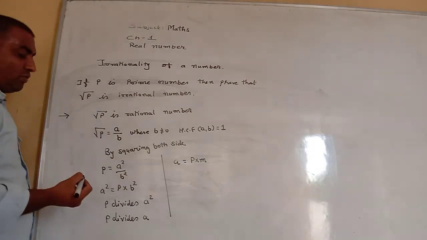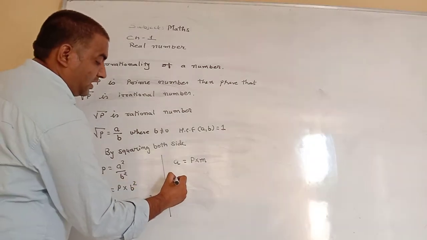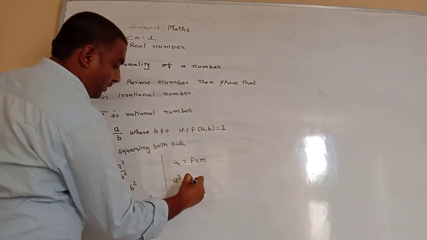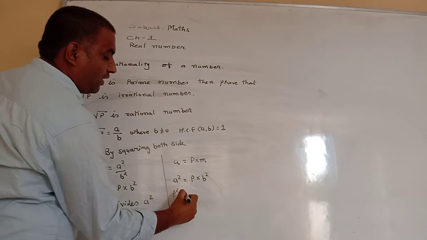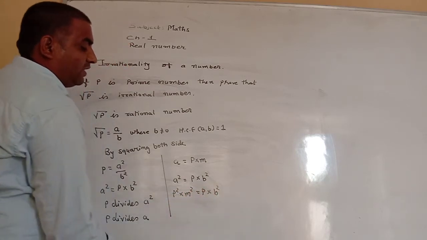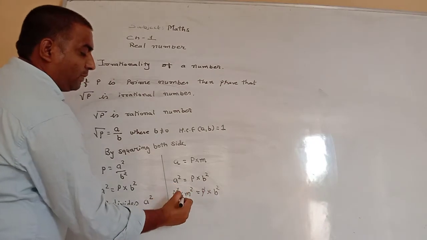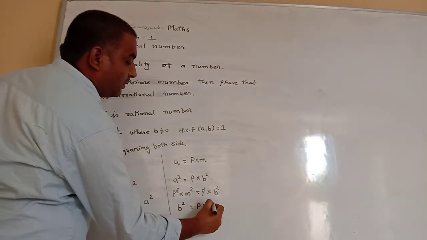So a equals p multiply m, we substitute into the result a square equals p into b square, and it will be p square into m square equals p into b square, which we simplify, then b square equals p multiply m square.